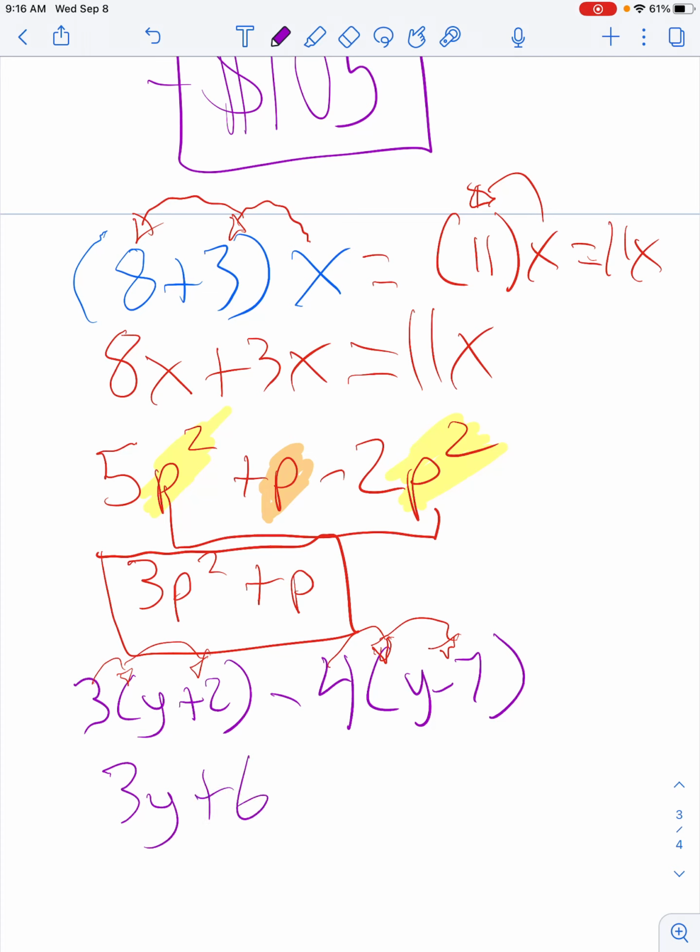So I'm going to have 3 times y is 3y. 3 times 2 is 6. Don't forget this negative number is attached to this 4. Don't forget, negative 4 times y is subtract 4y. Negative 4 times negative 7 is positive 28.